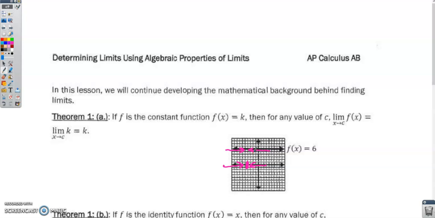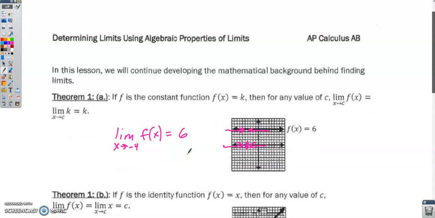And so here, no matter what our value of c is, I arbitrarily chose -4, but no matter what value of c we choose, the limit of that is going to be 6. Because as we get closer and closer to -4 from both sides, the value of the function is always 6. And so the function stays on that same constant train throughout that entire section.